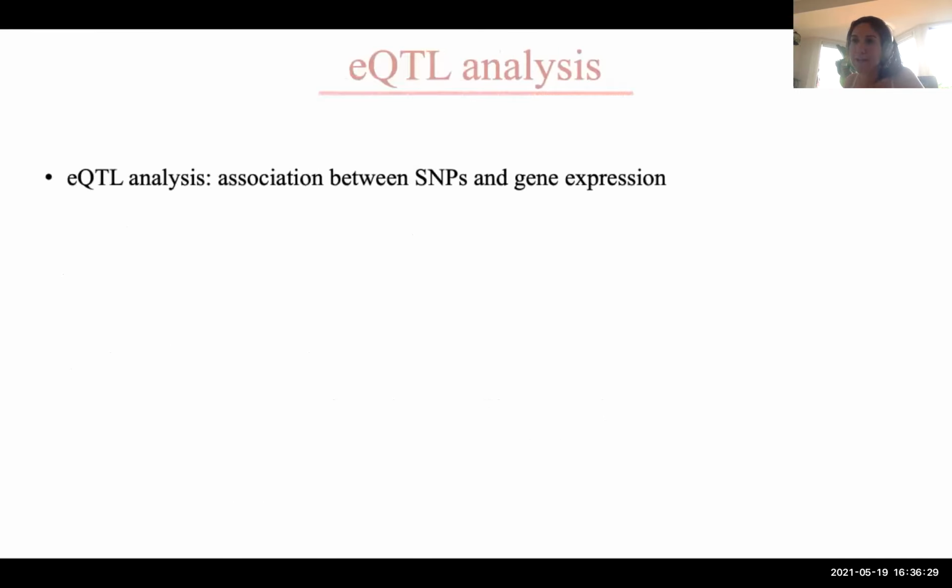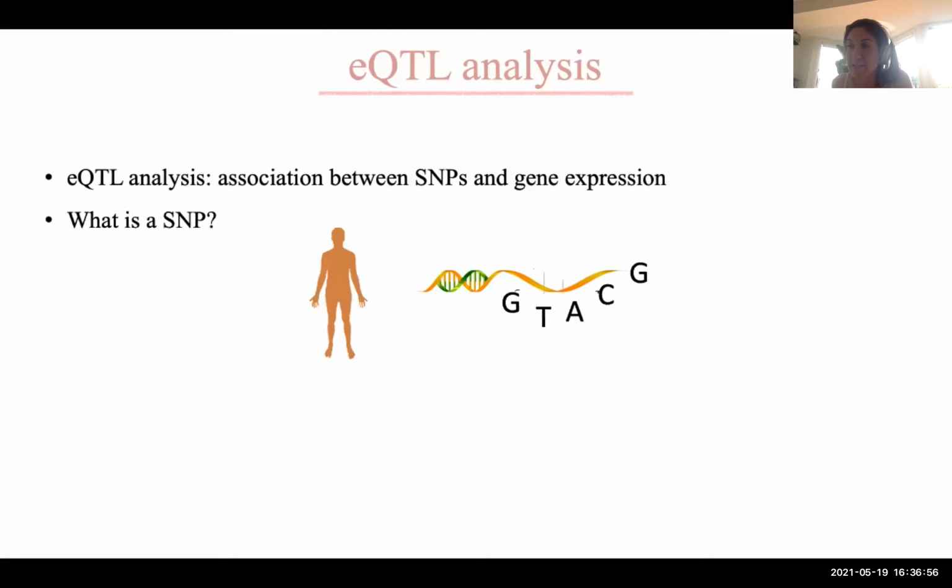I think that many of you know what an eQTL analysis is, but just to refresh: the eQTL analysis is a very powerful tool to assess the association between a SNP and a gene. And again, we want to assess if our result has a biological meaning, and we also want to validate our result. A SNP is a change in the DNA sequence.